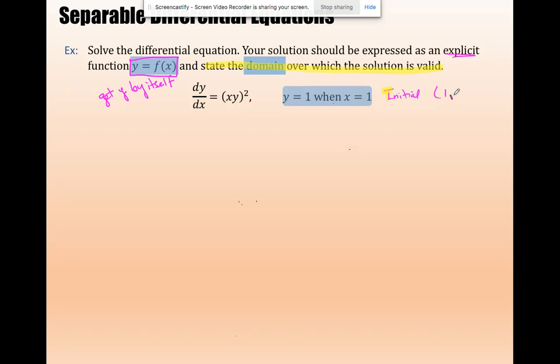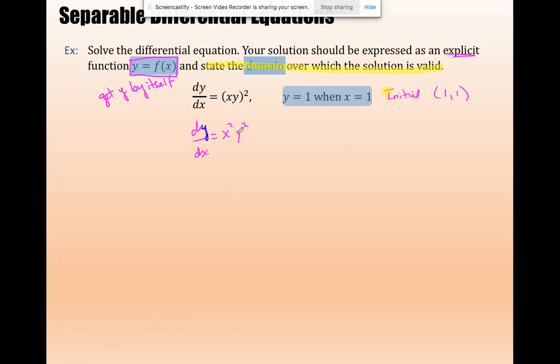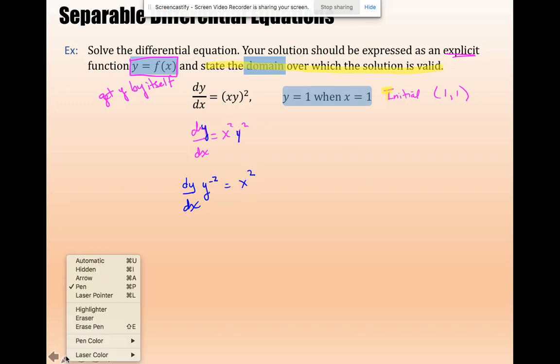When x is 1, y is also 1. So I'm going to do algebra here. Realize that I've got the dependent variable on the wrong side. Integrate both sides with respect to x.